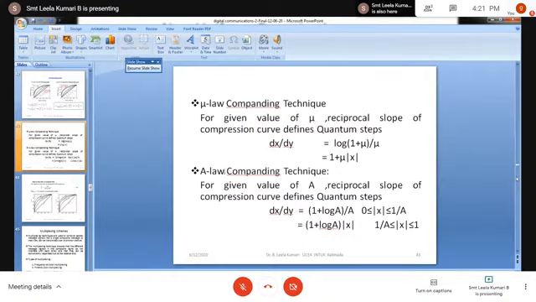For A-law compounding, the quantum step, which is the reciprocal slope of the compression curve, is defined as 1 plus log A divided by A for 0 less than or equal to x less than or equal to 1 by A, and 1 plus log A times mod x for 1 by A less than or equal to mod x less than or equal to 1.